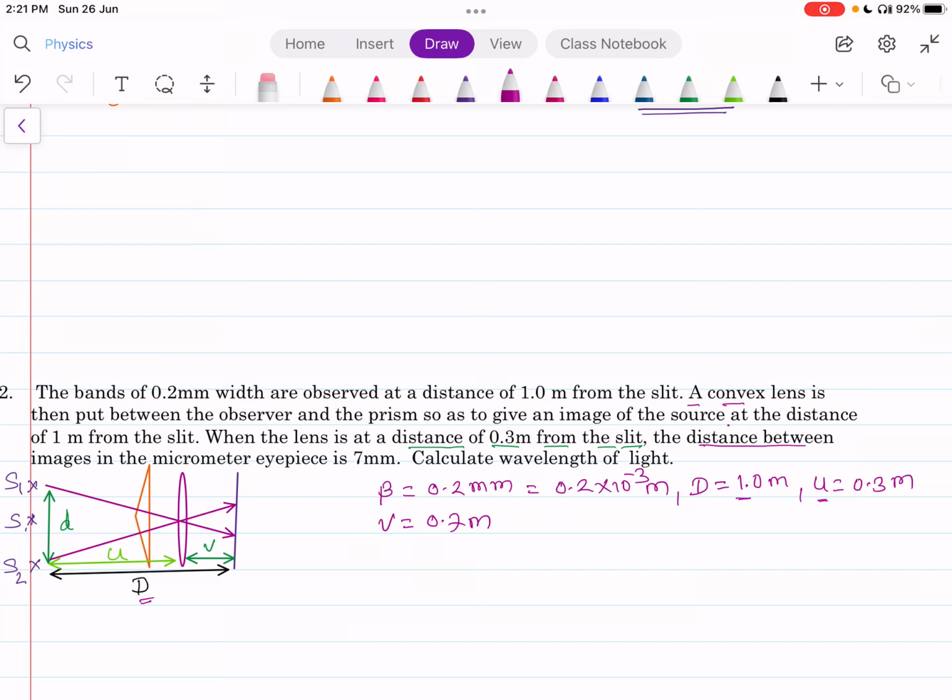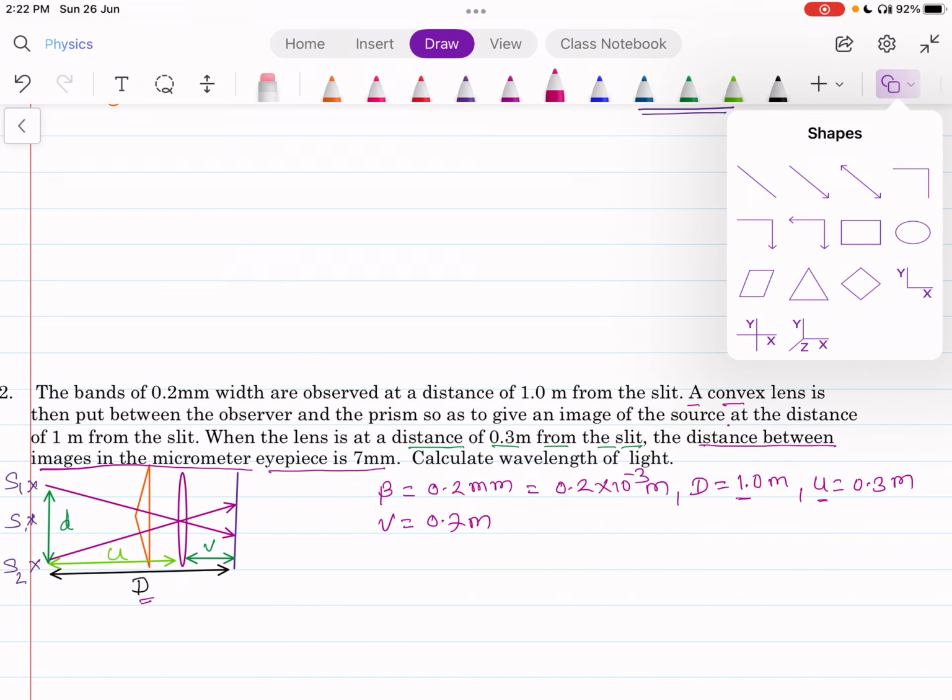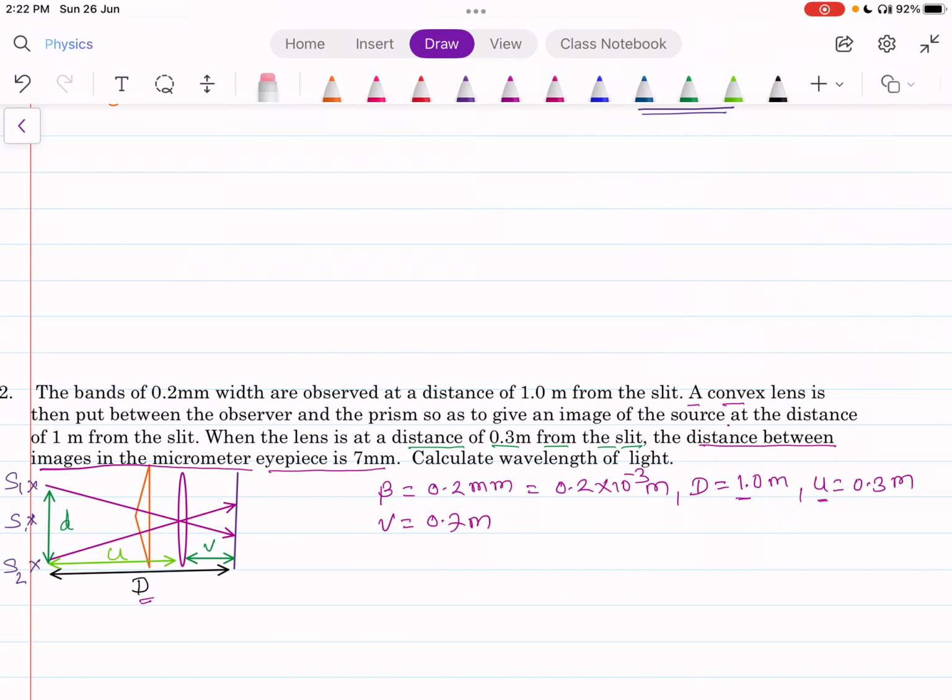Then the distance between images in the micrometer eyepiece is 7 millimeter. So here this is small d1, that is the distance between the real images of virtual sources S1 and S2.